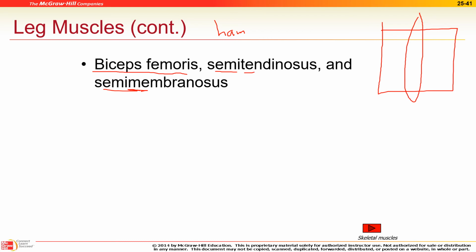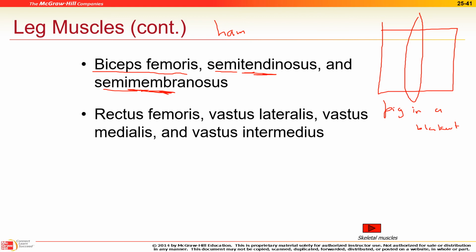A nice long hot dog. So what do we have? We have a pig in a blanket. That's how you remember that's part of your hamstring. And what's ham made out of? There you go. So the ones that look like a tendon is the long one. The one that looks like a flat sheet is the membranous.